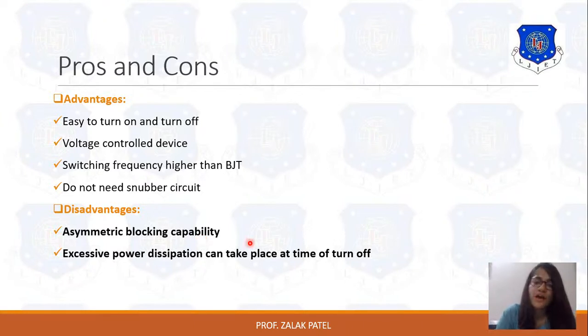This happens only in the non-punch through IGBT, where snubber circuits may be required because of this excessive power dissipation. If we use the punch through, then it is not needed. So these are the advantages and disadvantages of the IGBT.